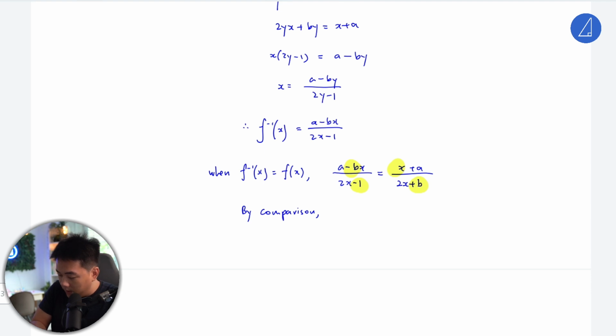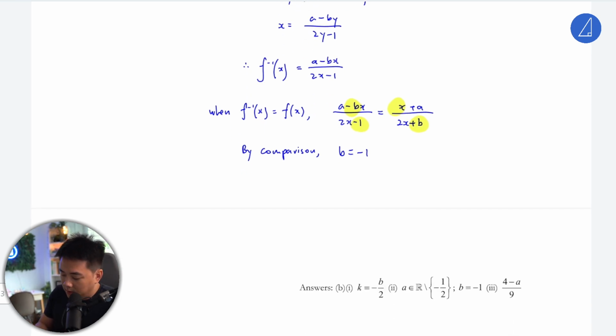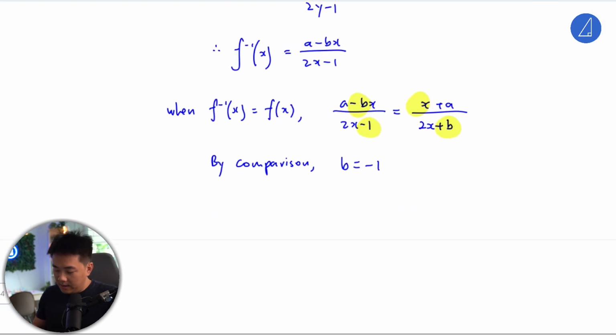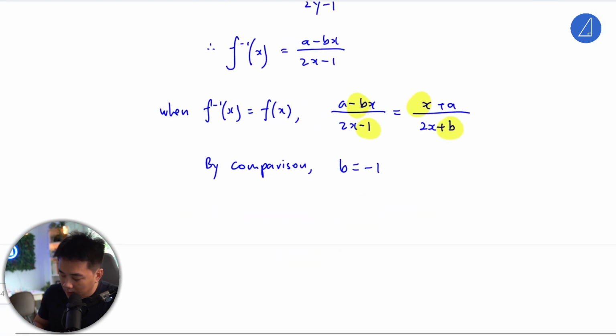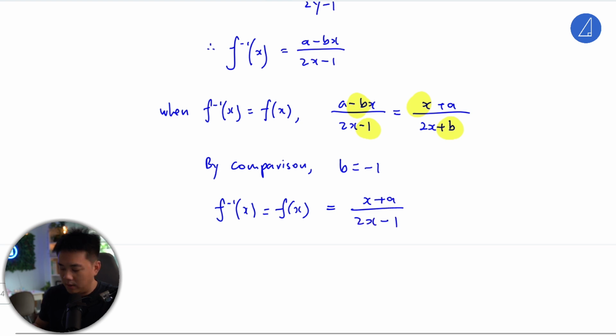So we know that b is equal to -1. Okay, that's that. So essentially, f(x) = f inverse x will just be x plus a over 2x minus 1.